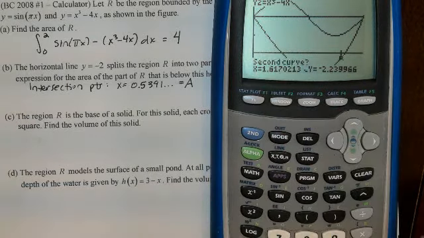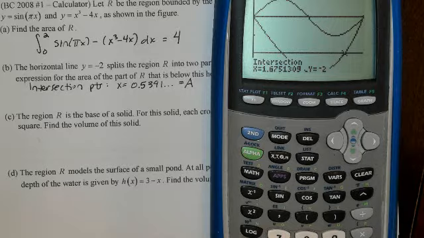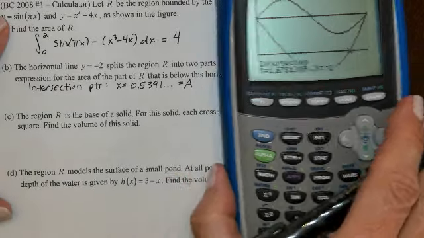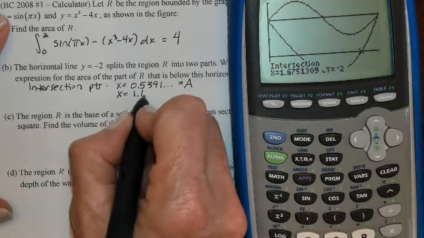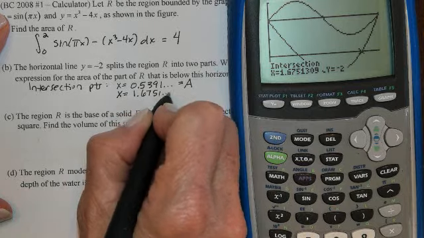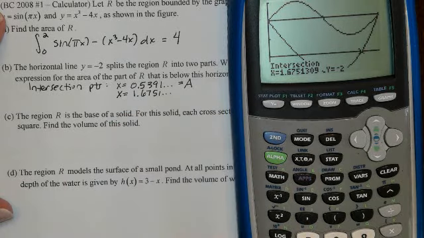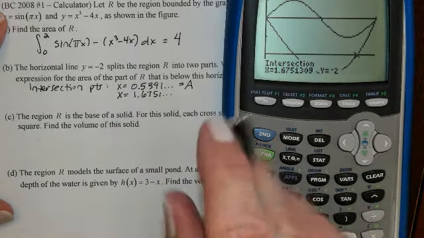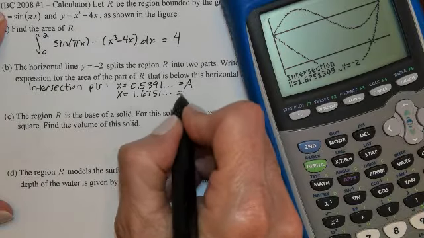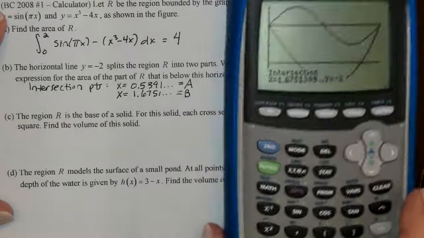I want y2. So there's that X value. And X equals 1.6751 blah blah blah. Okay, and I don't want to lose that either, so I'm going to store that. I'm going to tell AP what I'm doing. I'm going to store that in for B.